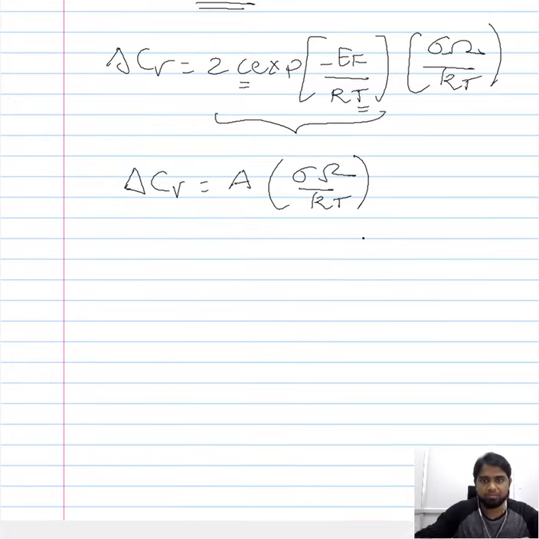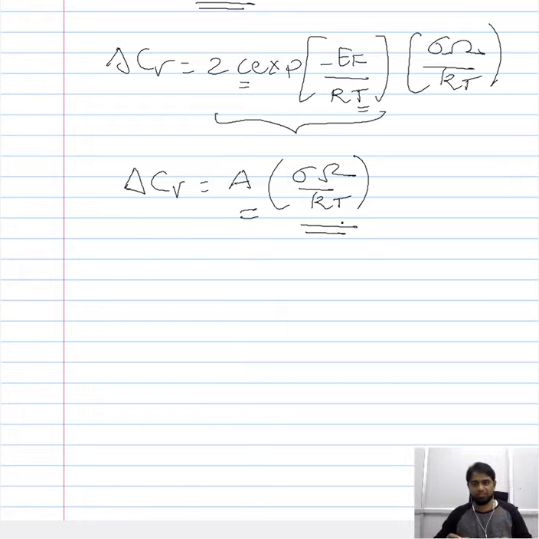So this is nothing but a constant and the role of stress. So the difference is purely introduced by the difference in the stress. So that is what we see in this expression.